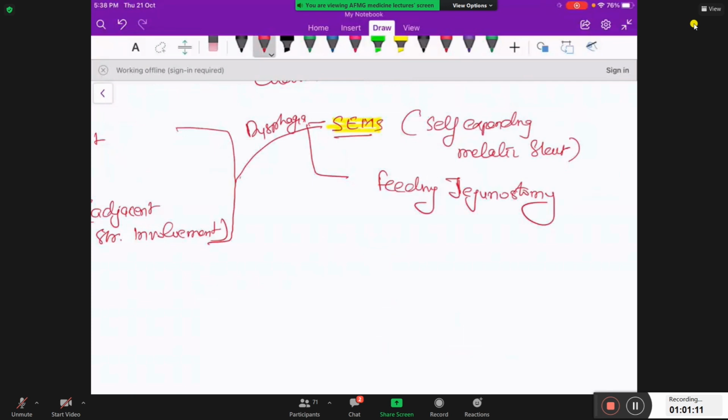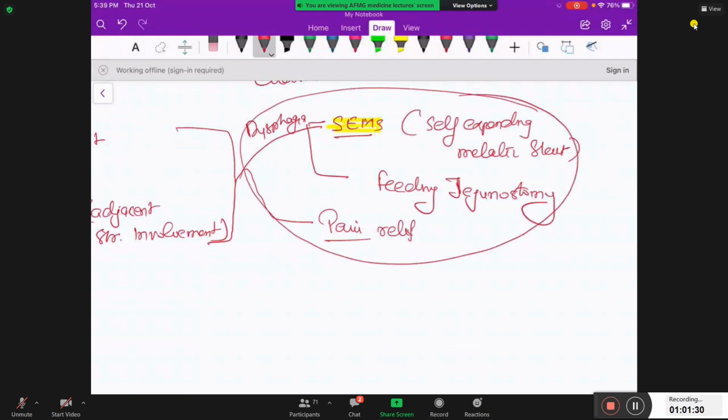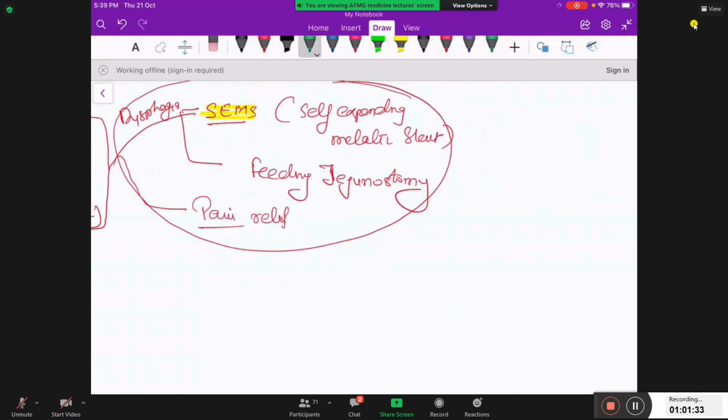Another problem which is causing difficulty in quality of life is pain, odynophagia. So we have to relieve pain also. What have we done by doing this? We have tried to improve quality of life. This is called palliation of symptoms. Now we also want to improve survival to a certain extent.